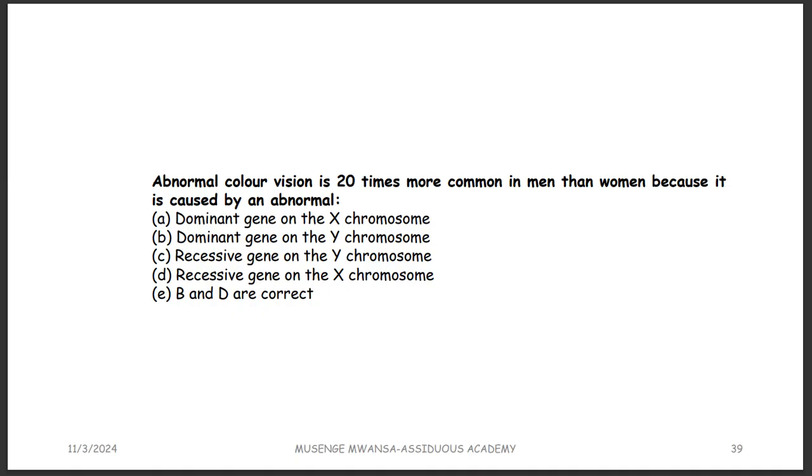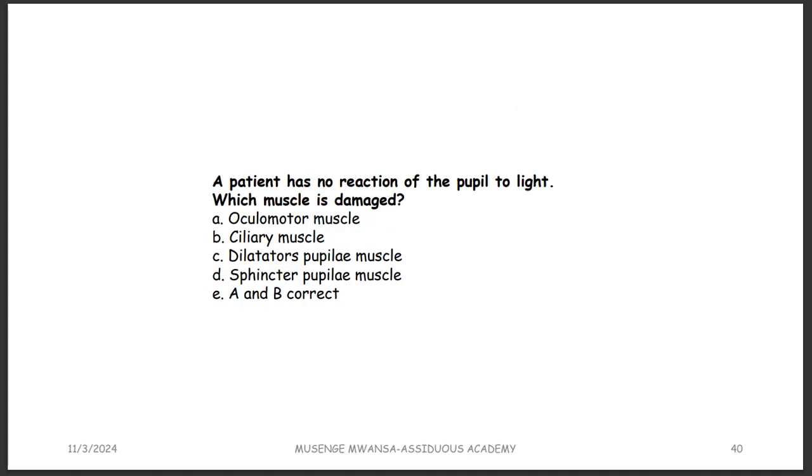Okay, so this is the first question that we have. Abnormal color vision is 20 times more common in men than women. What causes abnormal color vision? Hope the others can see. Are the others able to see the screen? Okay, all right, so we can move on. So we've said it's a recessive gene on the X chromosome.